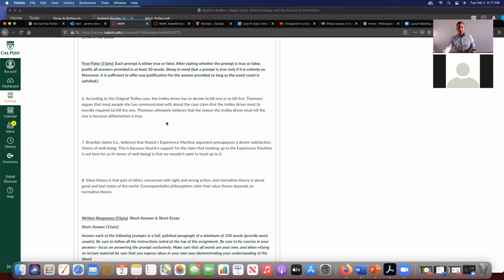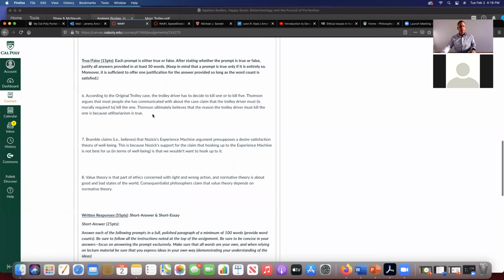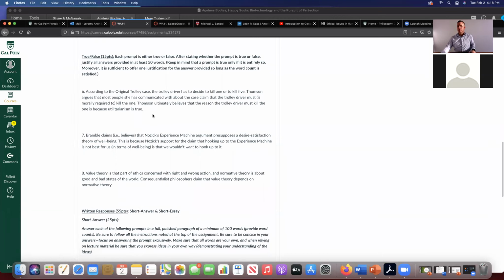So utilitarianism can't be used to explain ultimately the moral truth that results from thinking about the original trolley case, that one should kill the one in order to save the five. Okay. And a straightforward challenge to utilitarianism is found just by thinking about the transplant case.